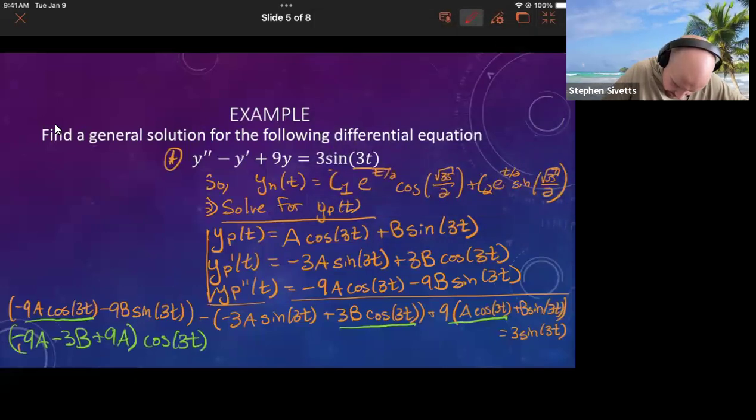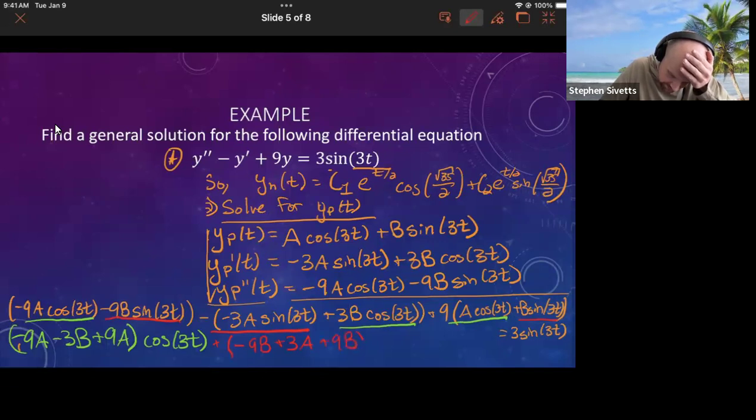And next, we're going to add in the sine terms. So we'll have a minus 9b plus 3a and then a plus 9b, and this has to equal 3 times sine 3t.